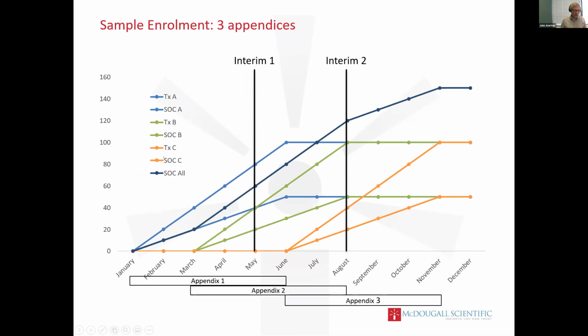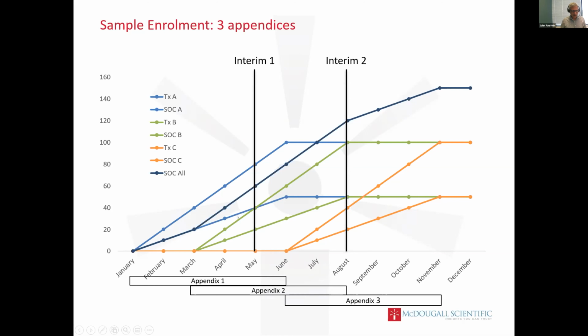And I've increased this now to 3 standard of cares, A, B, and C. And we might think that we have the best chance of showing efficacy and safety with standard of care A. So we begin our platform study with that. It starts in January, and we enroll both standard of care patients and treatment patients.